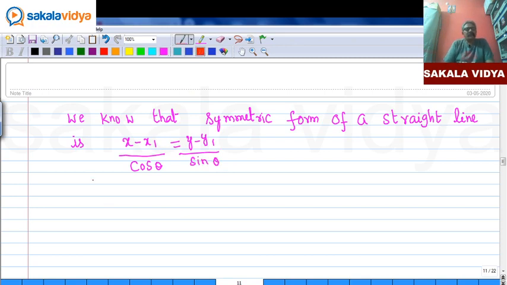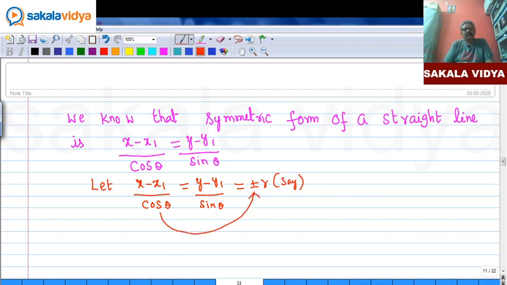So, now let us say this is equal to plus or minus r. Now, what do we get here?